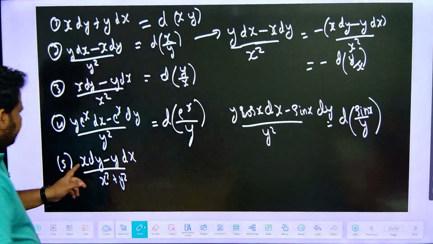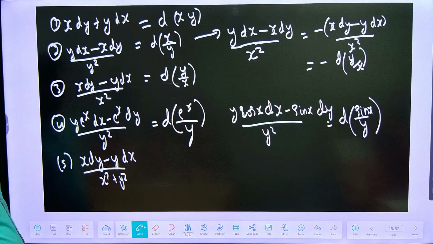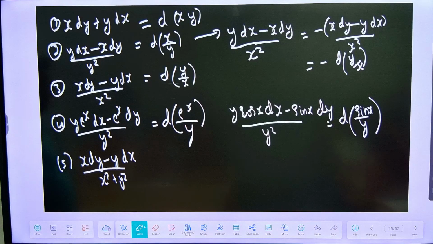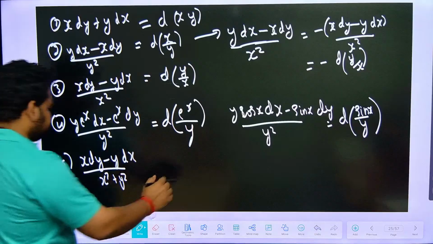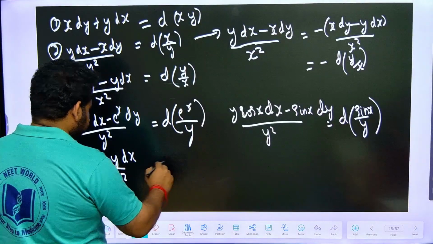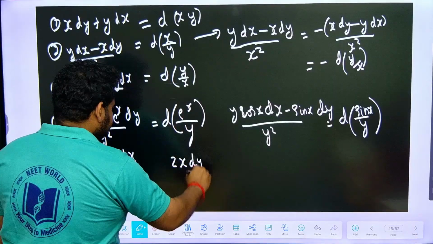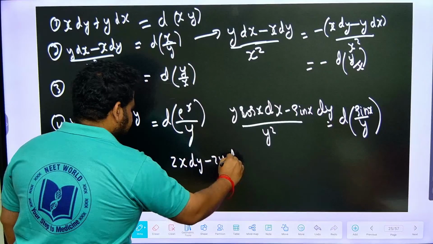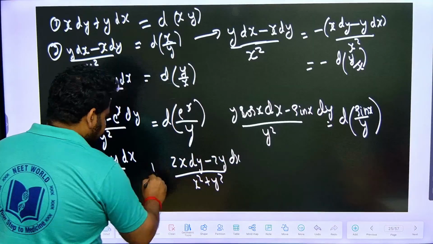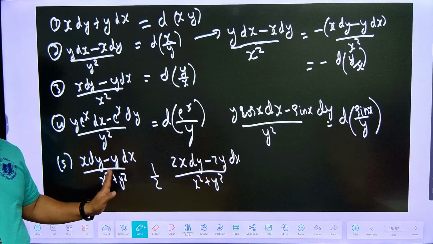Same way, if I take x dy minus y dx by x square plus y square, what can I do here? Let me multiply this by 2, so 2x dy minus 2y dx by x square plus y square, and divide by 2. I am showing how it is coming, you don't have to know how, I am just showing you.